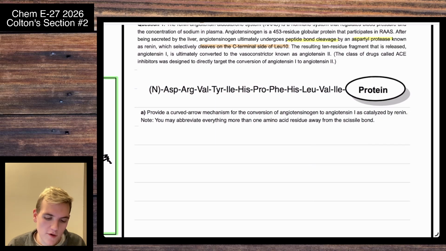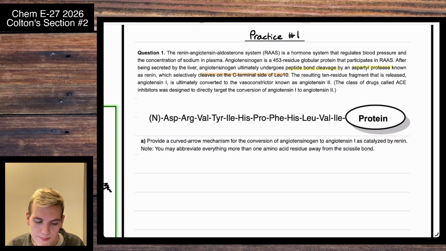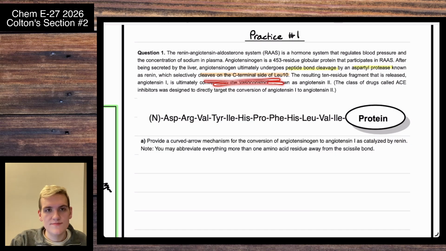A. Provide the curved arrow mechanism to go from angiotensinogen to angiotensin 1. Okay. So basically we need to do the aspartyl protease mechanism that does this cleavage, to go from the big protein that's 453 residues to chopping off a fragment and making this smaller angiotensin 1.